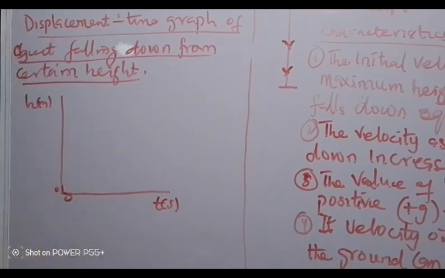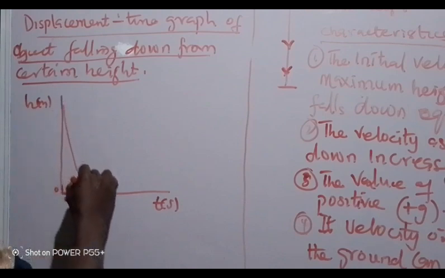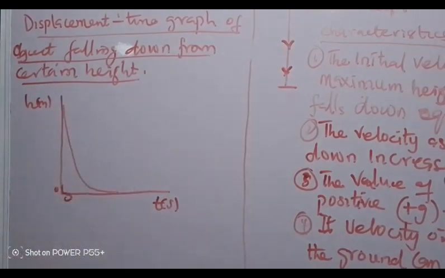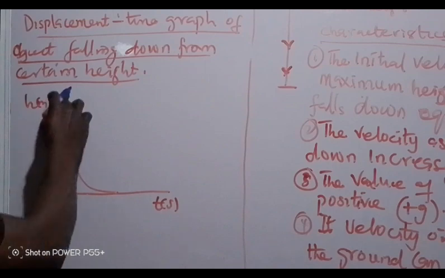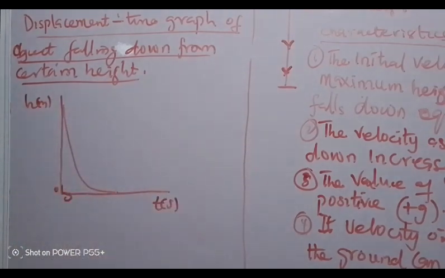As it's falling down, the height also will increase like that. So the displacement time graph will look like this. The height will increase as time increases, but it will curve as time goes on.